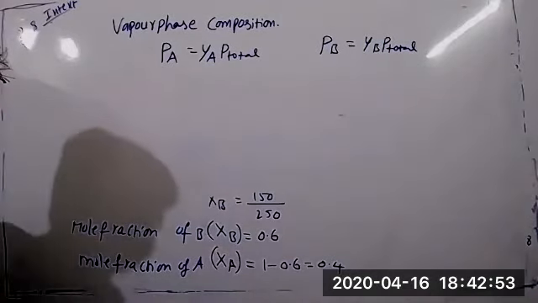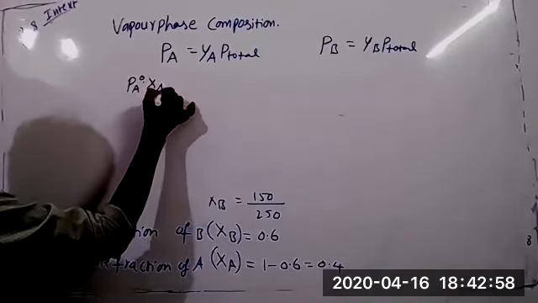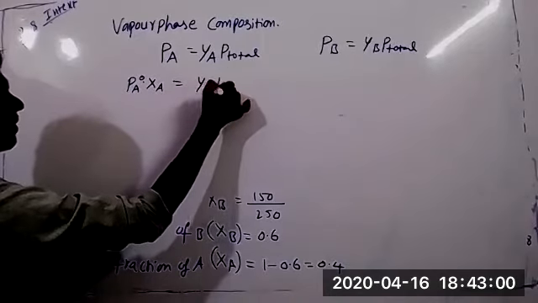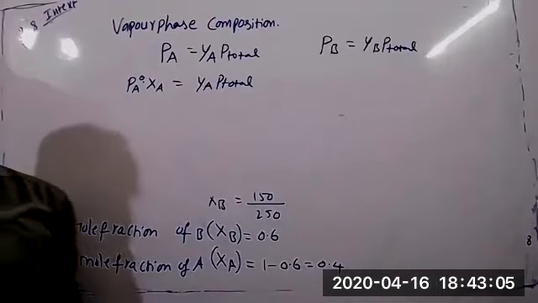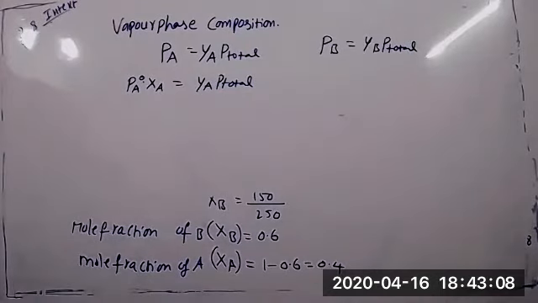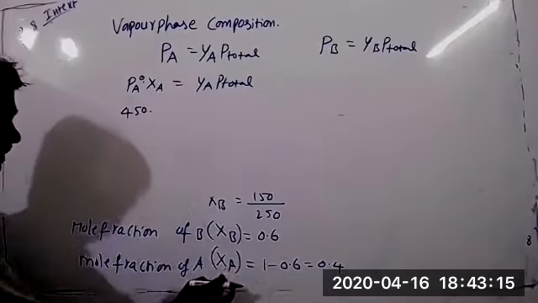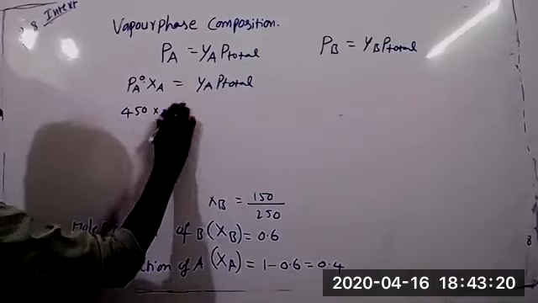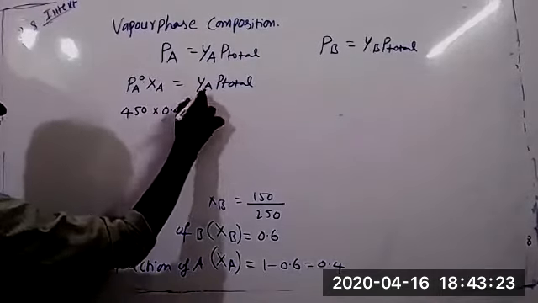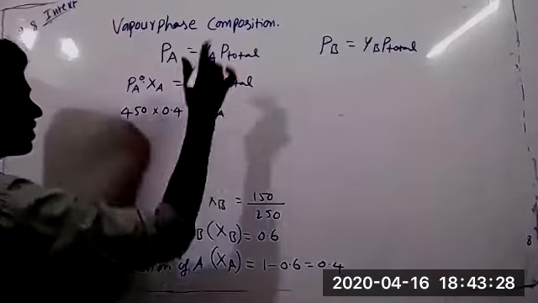According to Raoult's law, PA is equal to PA power 0 into XA, and this is equal to YA into P total. Now, PA power 0 is how much? PA power 0 is the vapor pressure of pure component A, 450, into the mole fraction of component A, 0.4, is equal to YA into the total pressure, which is given in the question, 600.